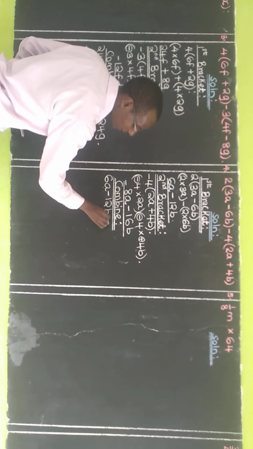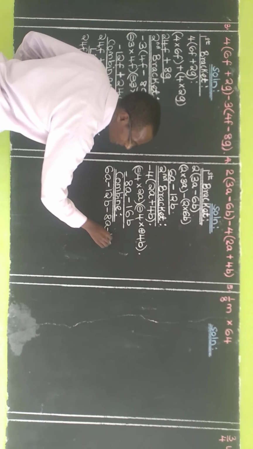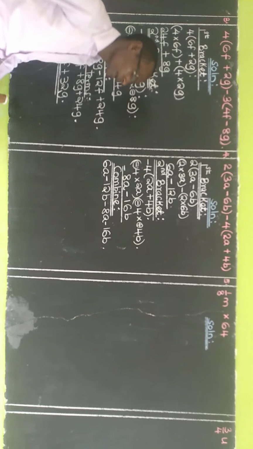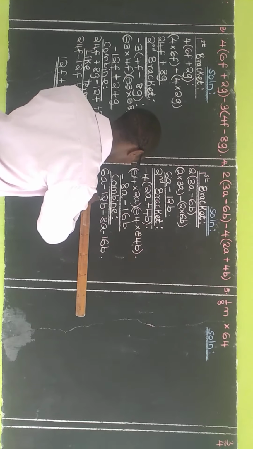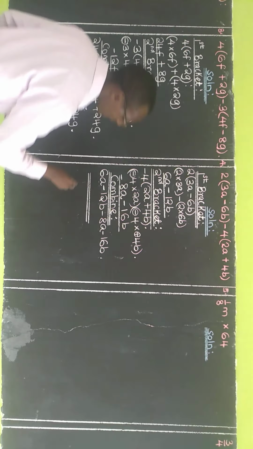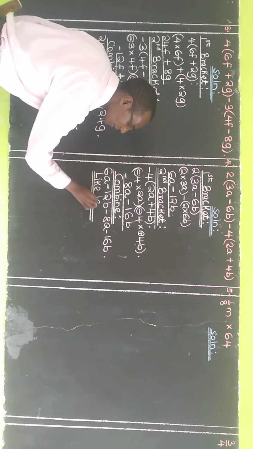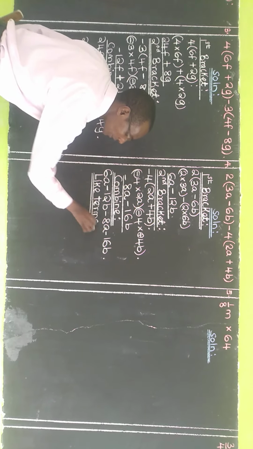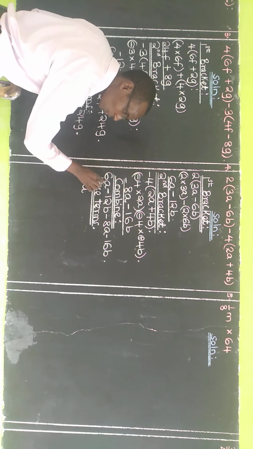Then we have negative 8a, that is the second bracket, minus 16b. After combining them to form one expression, I will now pick the like terms.